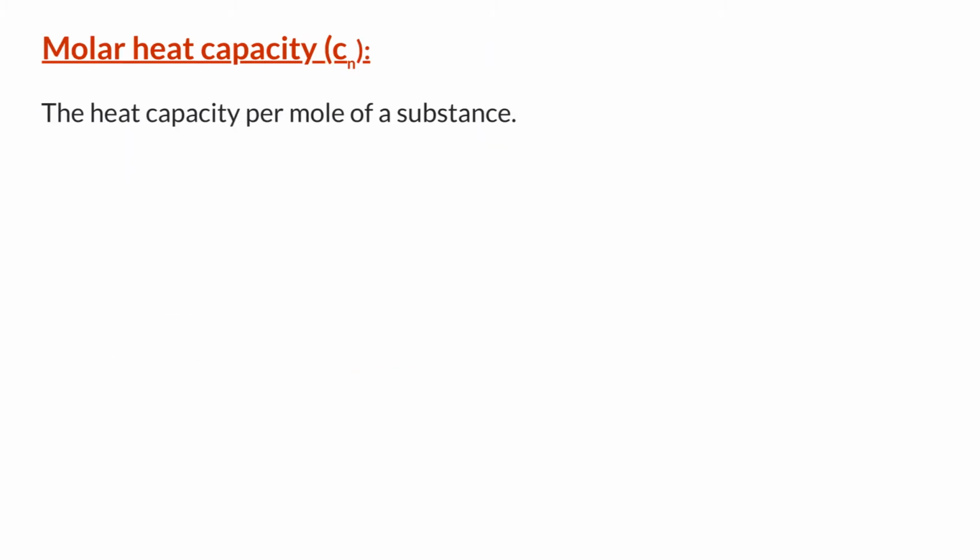Next, the molar heat capacity, C sub n. It is defined as the heat capacity per 1 mole of a substance. Mathematically, molar heat capacity is equal to heat capacity divided by the number of moles of substance.